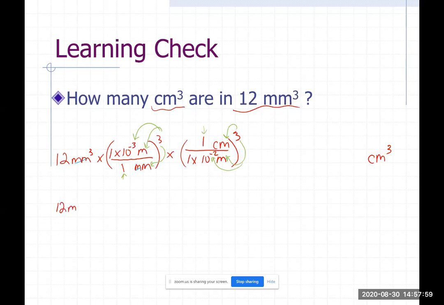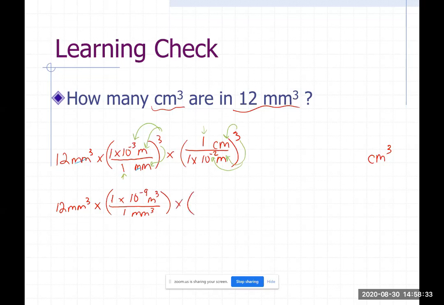So we have 12 millimeters cubed times. On the top, that is 1 times 10 raised to the 3 times negative 3, which gives us a negative 9, and then that is meters cubed over. And on the bottom, we have 1 millimeter, and we apply that 3 that's outside the parentheses, and we get millimeters cubed.